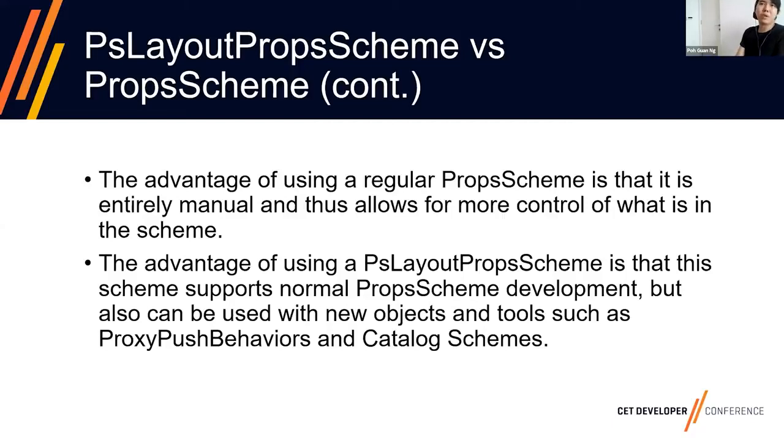But if you have a layout object defined, this layout object will help you with a lot of default behaviors. All you need to do is define the tabs, the sections, the entries, and then the applying, pushing the properties.